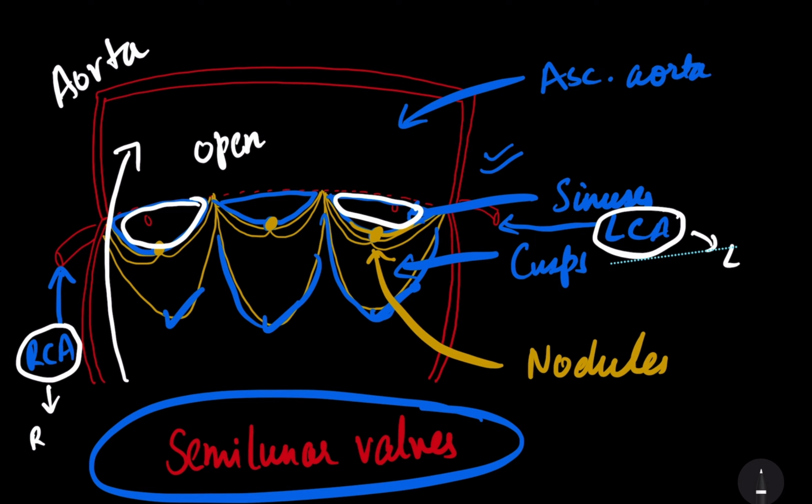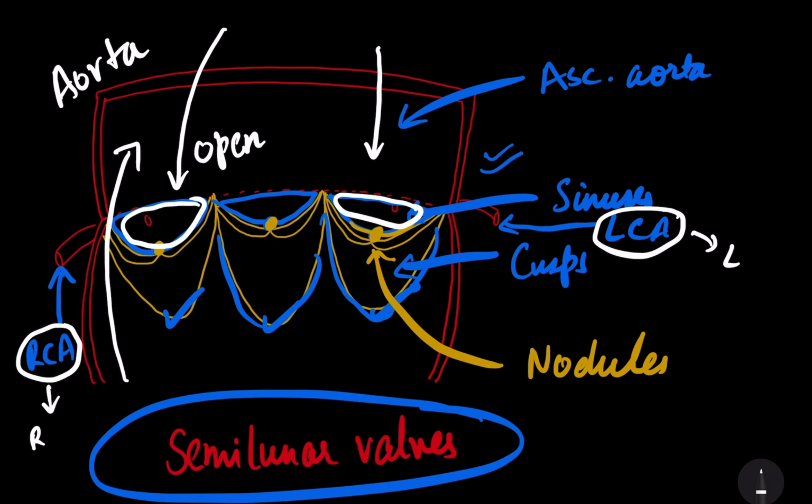After the ventricles complete their contraction, there is a tendency for the blood to flow back. Just after these cusps have closed, that is, the valves have closed, there is a little backflow of blood into these sinuses.